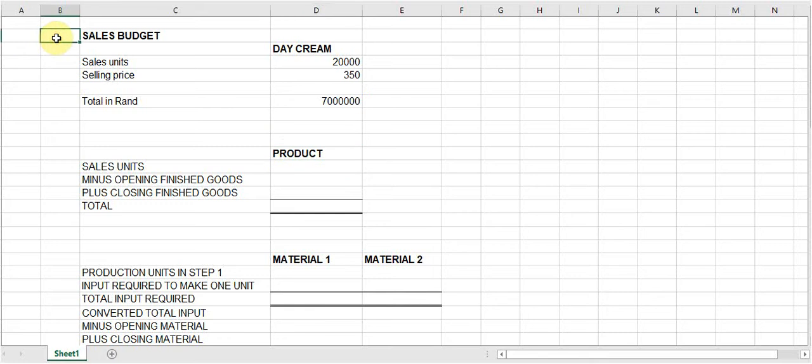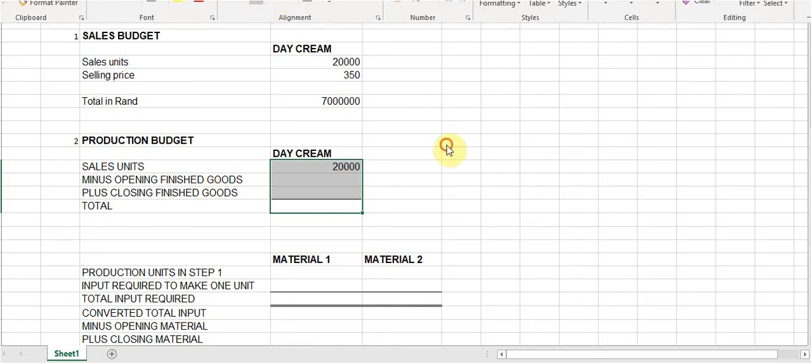Then we are on our second required part, and that is our production budget. Again, I'm just going to customize it. We are selling day cream. Then what is the sales unit? We just looked at them, 20,000. I just want to move everything to the side so it looks proper.